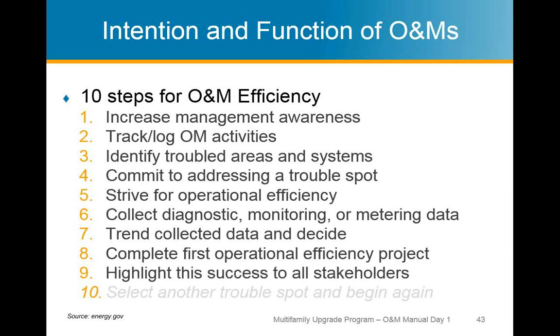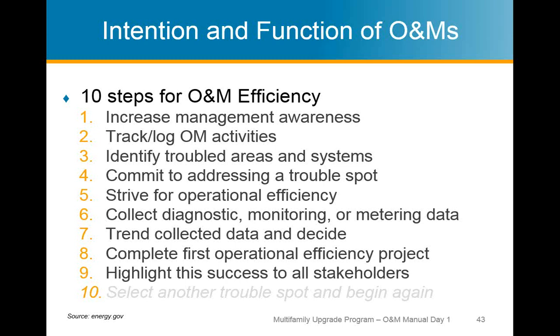Highlight this success and take it to all stakeholders. Back at point number 1, you've increased management awareness. So you should pat yourself on the back, celebrate your team, make this, frankly, a joyous occasion for the building if you're trying to change the culture around operations and maintenance. We're trying to create a positive feedback loop here.